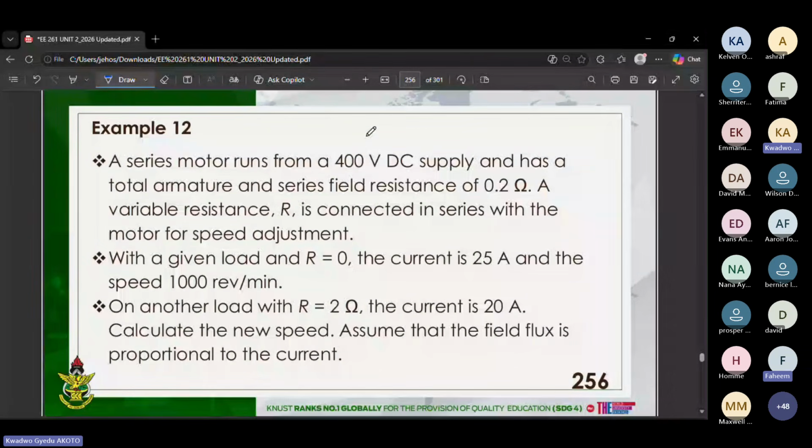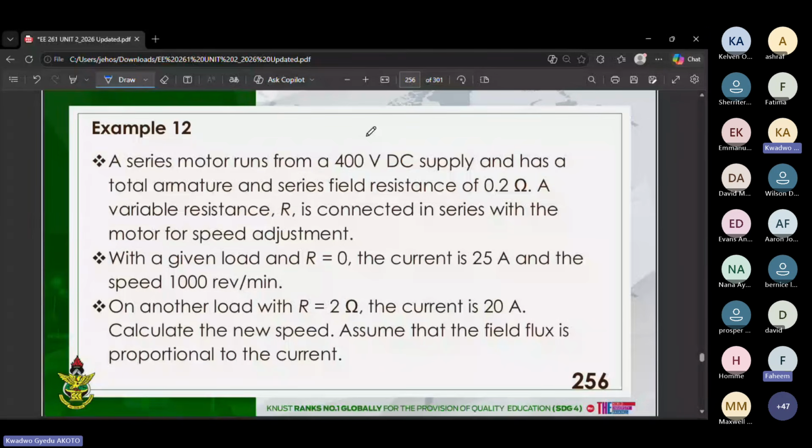Example 12 says a series motor runs from a 400 volts DC supply and has a total armature and series field resistance of 0.2 ohms. Variable resistance R is connected in series with the motor for speed adjustment. So we have a first condition here with a given load and R equal to 0.